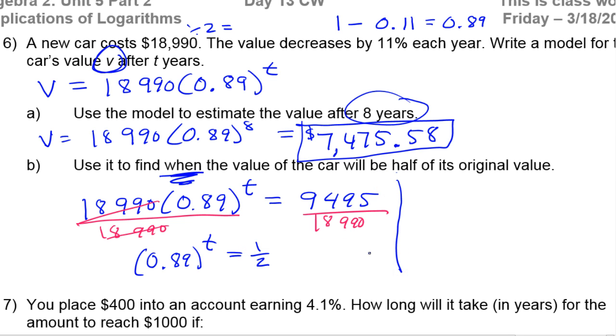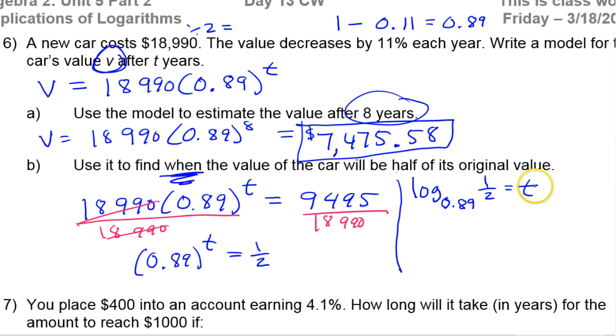Not divide. It's not going to be any algebra 1 step. What do I need to do? Log form, okay? Because we have a base and a power. The only way to get at this exponent is to rewrite this in log form. So I'm going to write log. What comes next? Base 0.89. What comes next? 1/2.